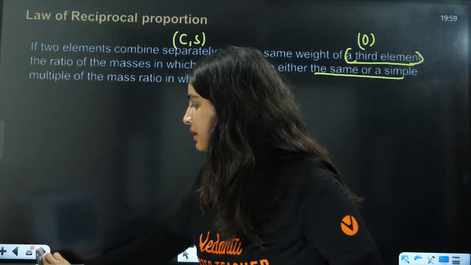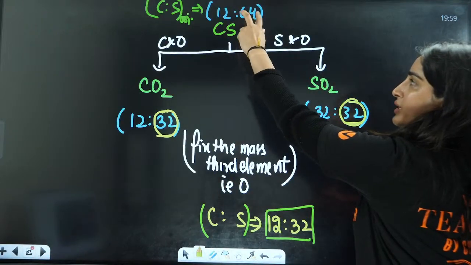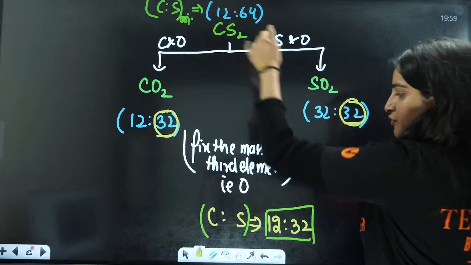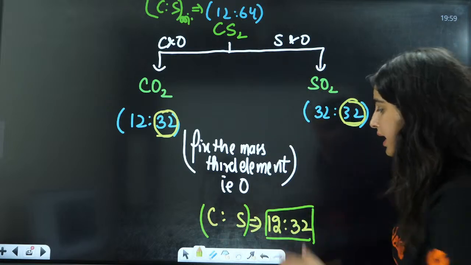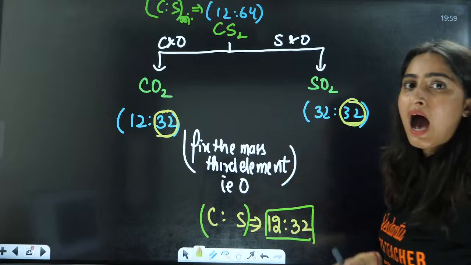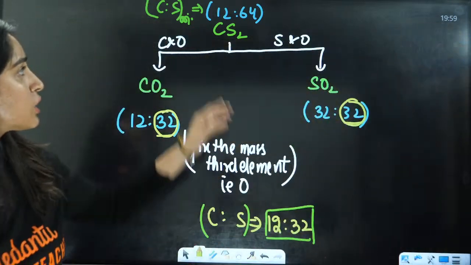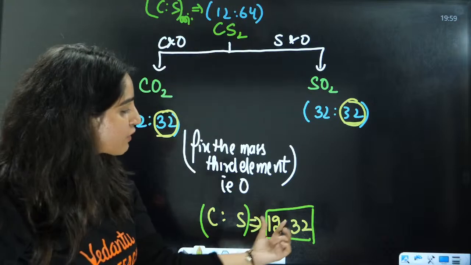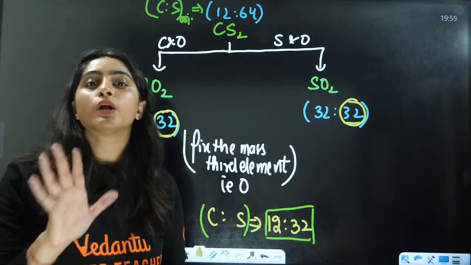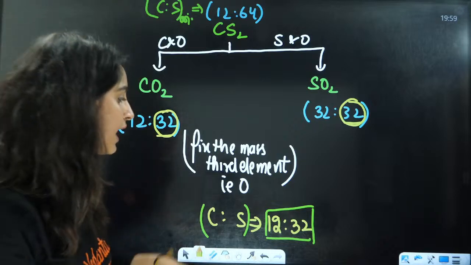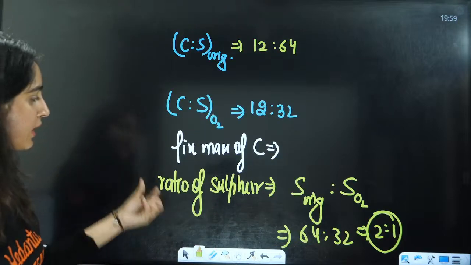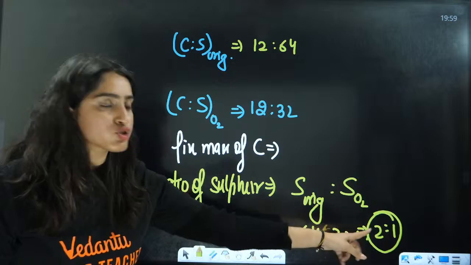They are saying the masses in which they combine directly, that is 12:64, or this mass, these two masses are in a simple whole number ratio with each other, right? 12:64 and 12:32 are in a simple whole number ratio. How do we define that? We fix the mass of carbon here and we have 16, that is 2:1.